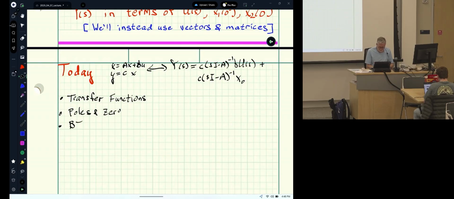And a concept called bounded input, bounded output stability that everyone in the know abbreviates as BIBO stability, okay? So you will pretend not to even know the words bounded input, bounded output. You will just use BIBO because you're pros, okay? So that's how we're gonna do that.